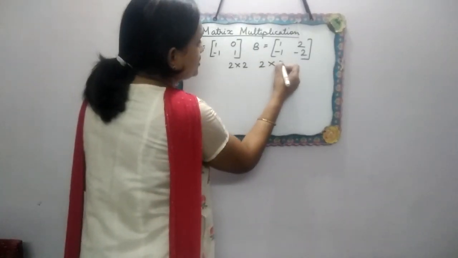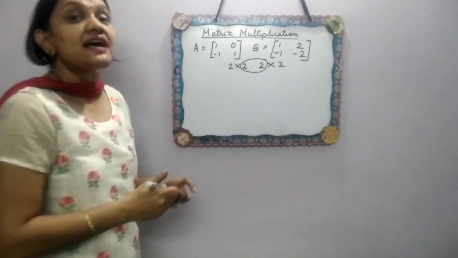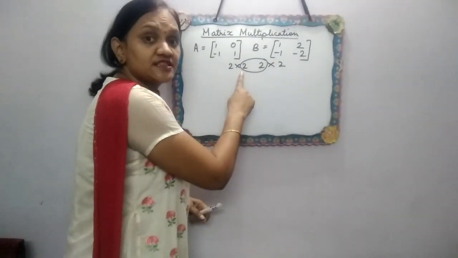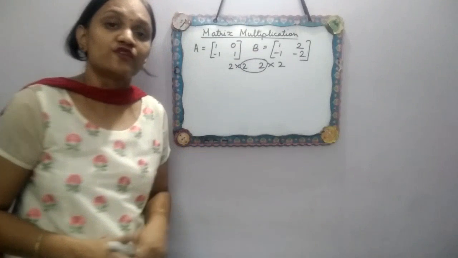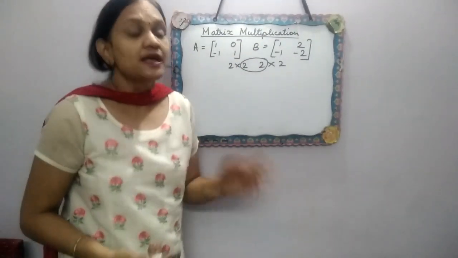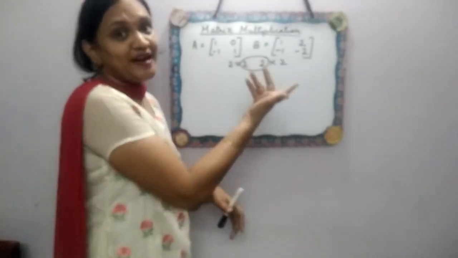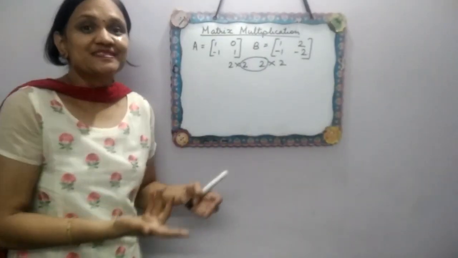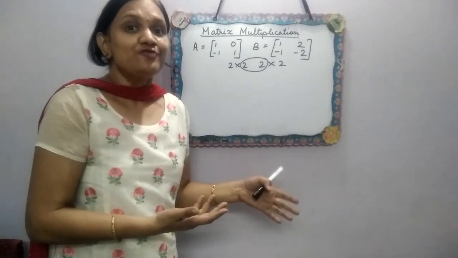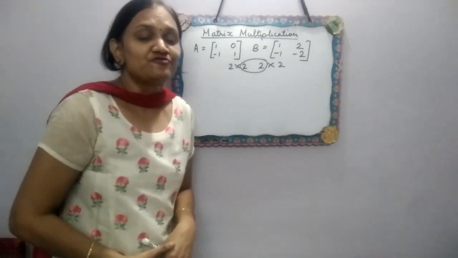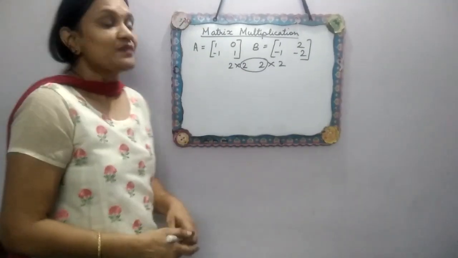Order of B is also 2 by 2. Since the number of columns of the first matrix is equal to the number of rows of the second matrix, A into B is possible. Is B into A possible? Yes, 2 by 2 and 2 by 2. So the number of columns will be equal to the number of rows for the respective matrices. So B into A is also possible.